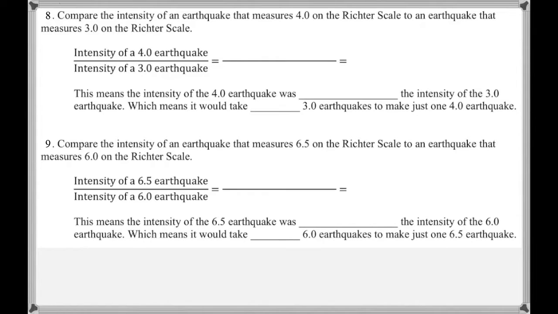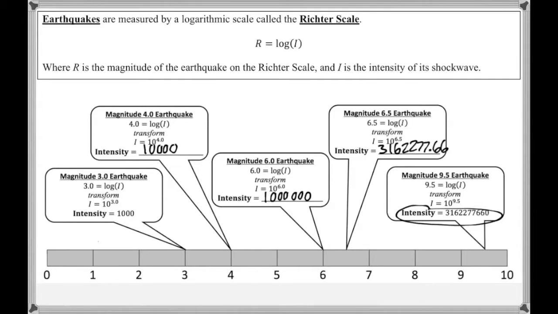Compare the intensity of an earthquake that measures 4.0 on the Richter scale to an earthquake that measures 3.0 on the Richter scale. To do this, I want to divide the intensities. So I want to divide the intensity of the 4.0 by the intensity of the 3.0, and we've already figured out what those intensities were.